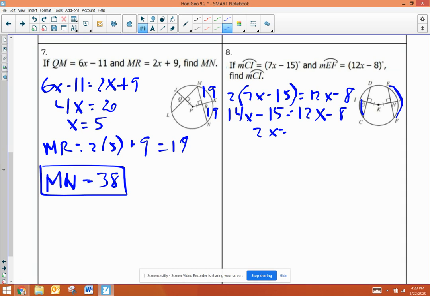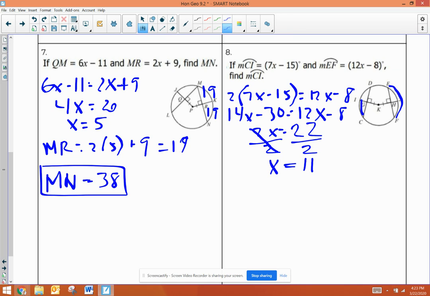Okay. Oh, made a mistake. Where's my eraser? So that's like 30. Add 30 both sides, and then it's 22. X is 11.